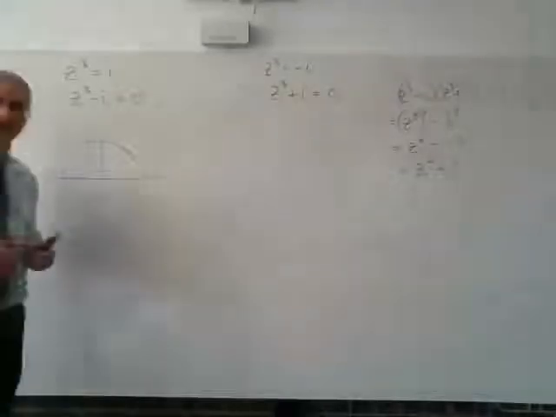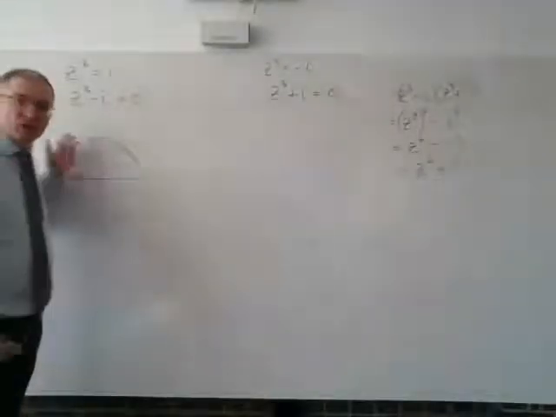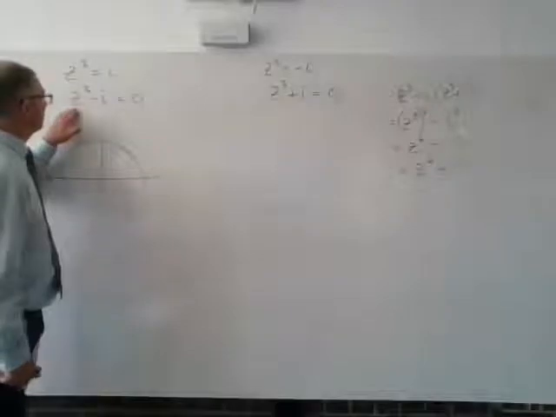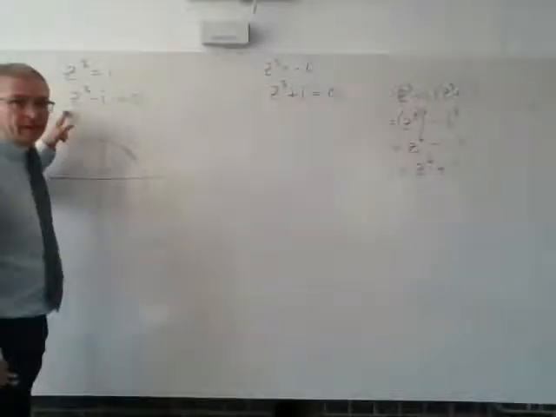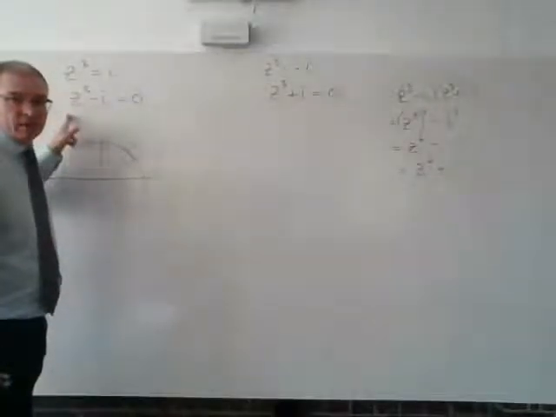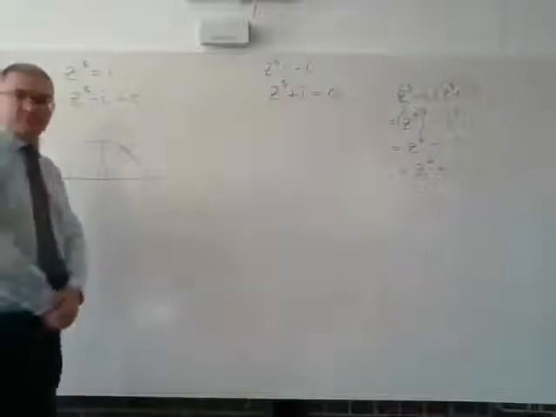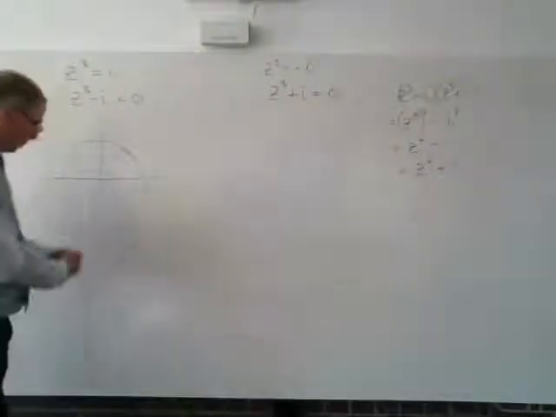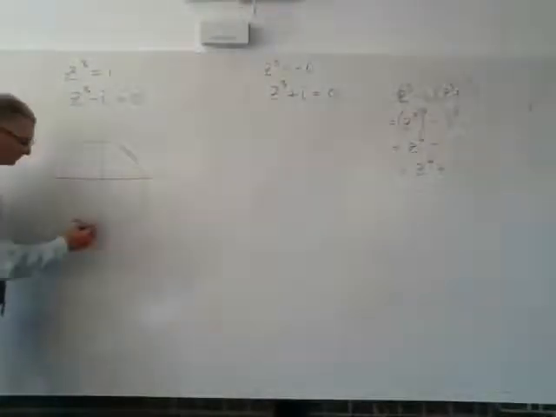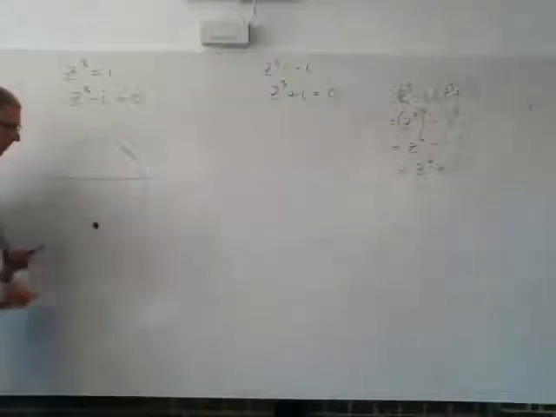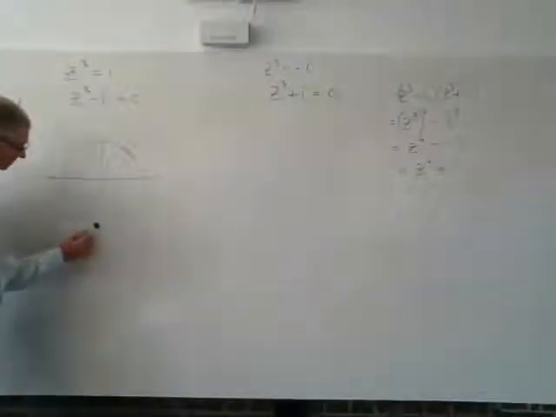Can you see a solution? Do you know a number that when you cube it, you'll get positive i? What about this number here? Negative i, which is cis of minus pi on 2.